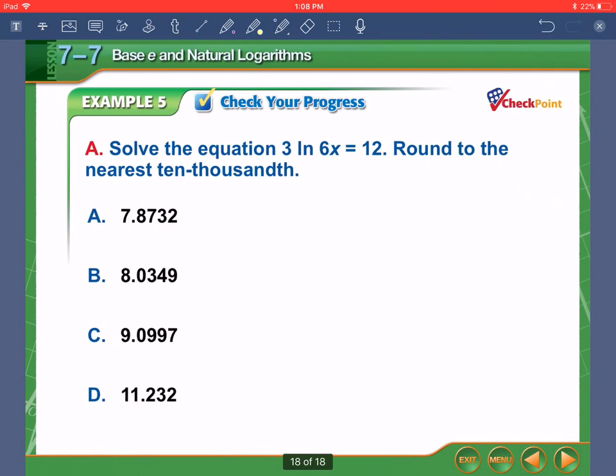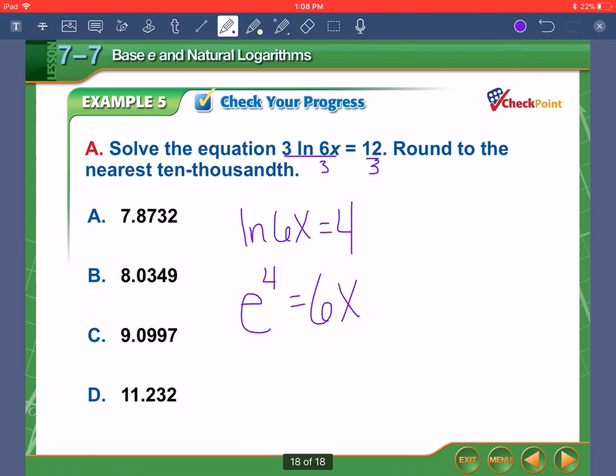So we're going to solve 3 times the natural log of 6x equals 12. So what I can do here is divide both sides by 3. So I get the natural log of 6x equals 12 divided by 3 is 4. There's not much else to do here, and I can't take the natural log of a 6x. So what I can do is put it in exponential form. So my base is e raised to the 4th power equals 6x.